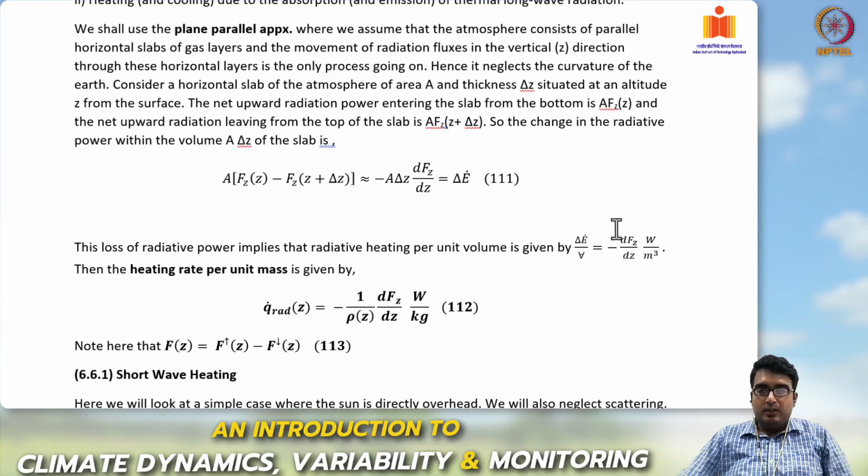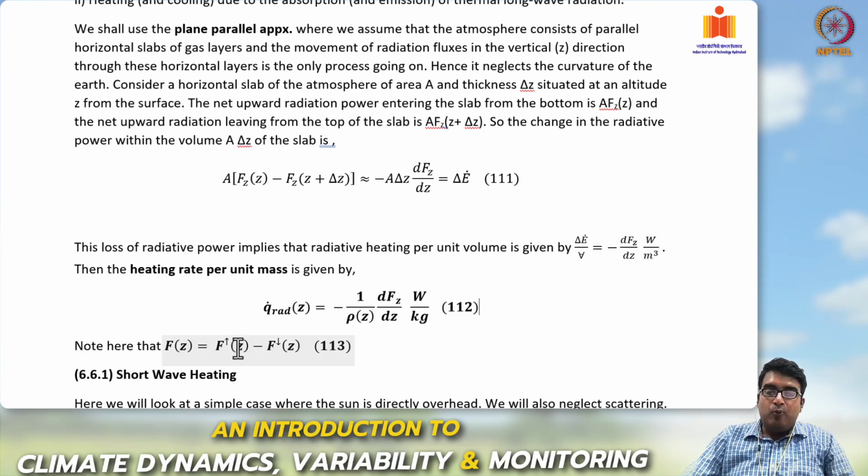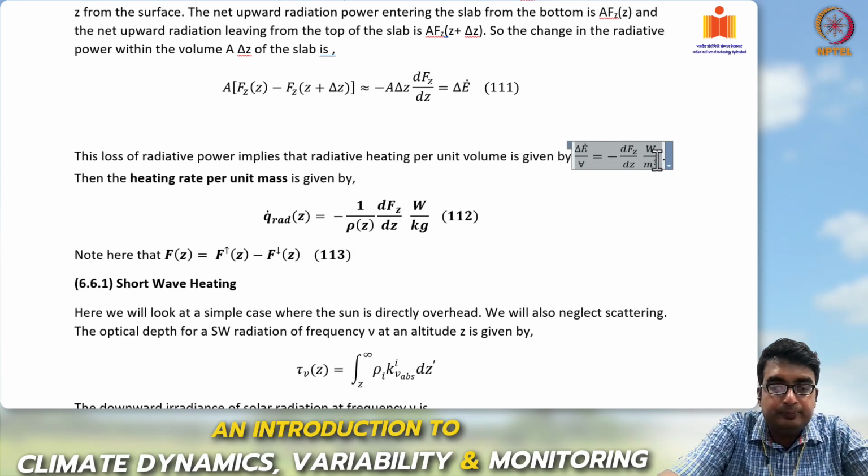So the heating rate per unit volume is minus dFz/dz, the negative of the gradient of the net upward flux with altitude, and the heating rate per unit mass is 1 by rho times that value, where Fz is the net upward radiative flux minus the net downward hemispherical radiative flux. I hope that much is clear.